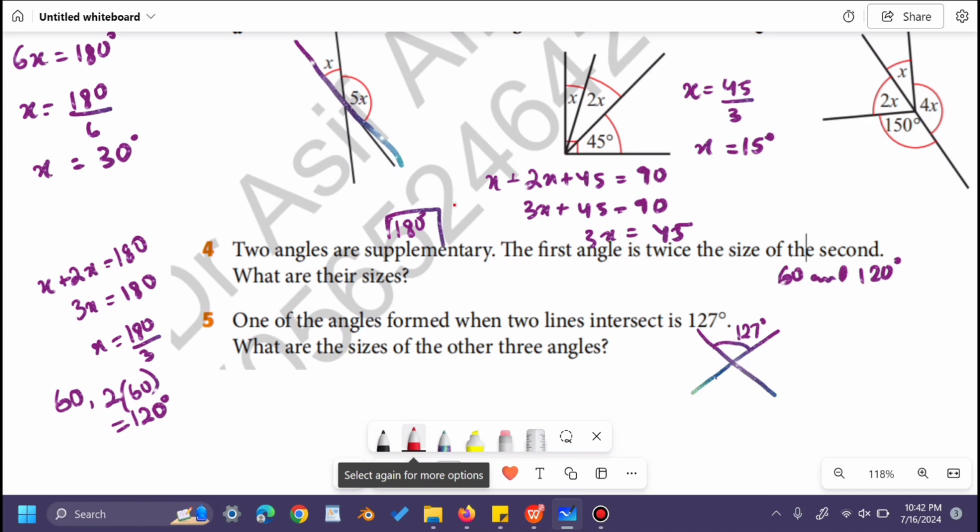You can see कि अगर ये 127 है तो इसका ऑपोजिट जो होगा ये भी 127 ही होगा. Now, how will we find this angle?